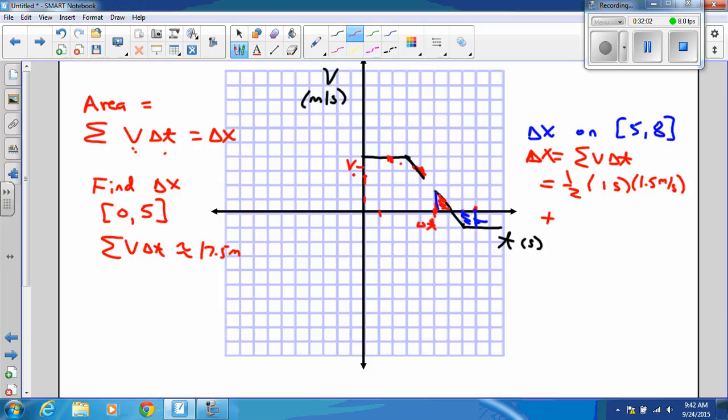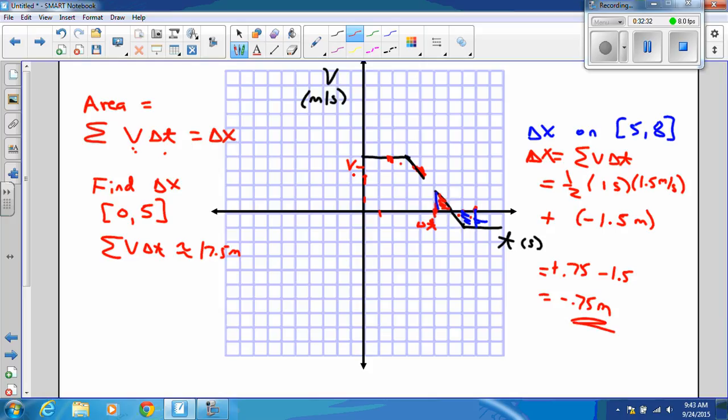Then I'm going to add the area of this piece, which looks like about 1.5 total area, 1 square plus a half square, and I'm going to count that as a negative. So that gives us a half of 1.5, or plus 0.75, minus 1.5, which is negative 0.75 meters.